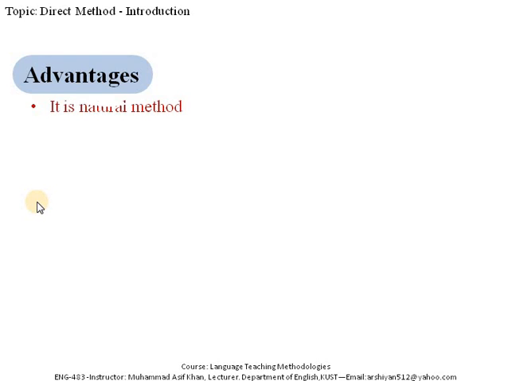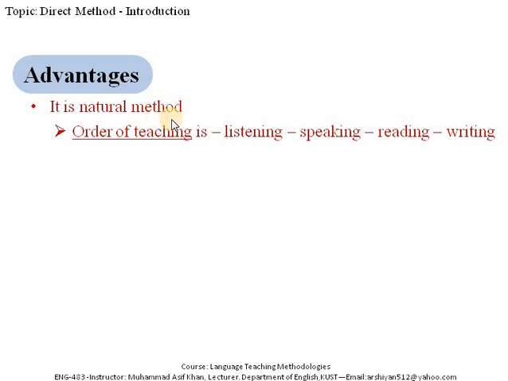Now let's move towards the advantages of direct method. It is often said that it is a natural method, because in this method the order of learning language is listening, speaking, followed by reading and writing. And this is the order used by children when they are learning their first language.